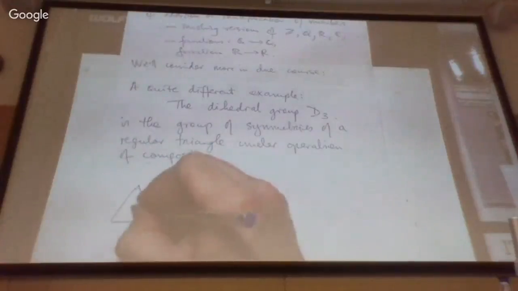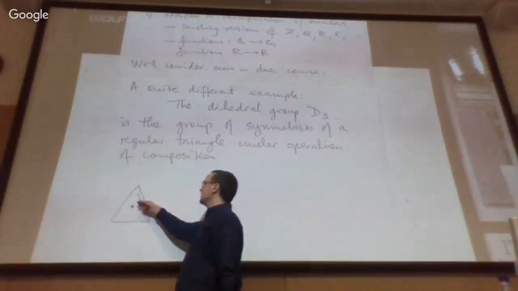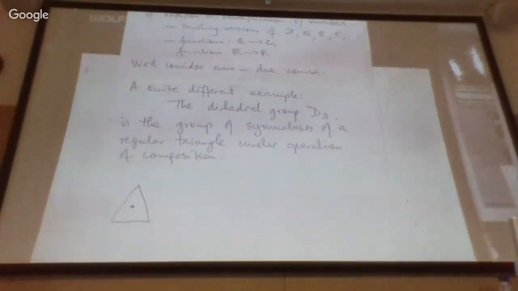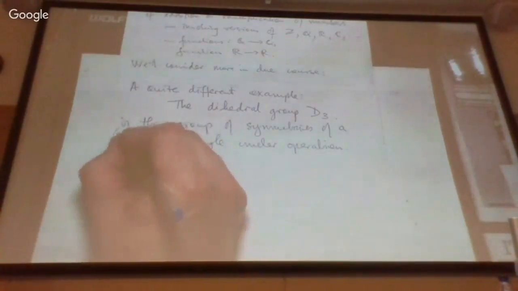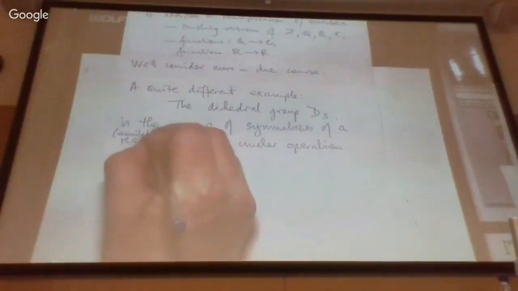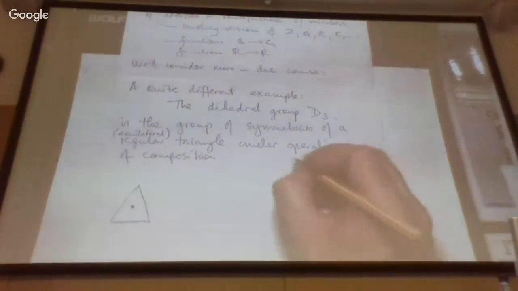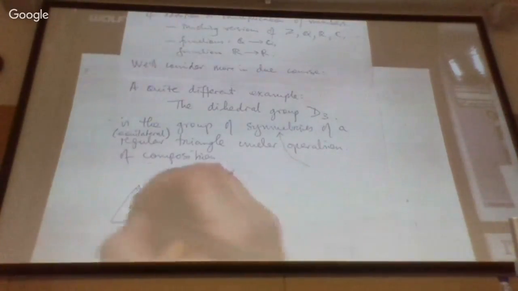So here's our basic regular triangle. A regular triangle means all the sides are the same length, all the interior angles are the same. So an equilateral triangle. Regular, for that you could mean equilateral. The sides are the same, the angles are the same. Now, by symmetries, we'll think of it centered at the origin.